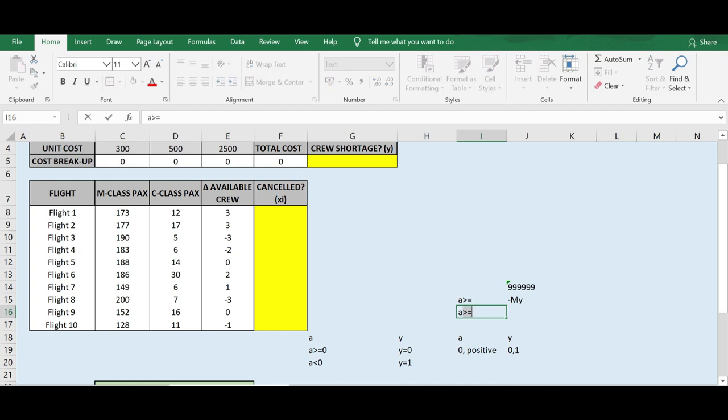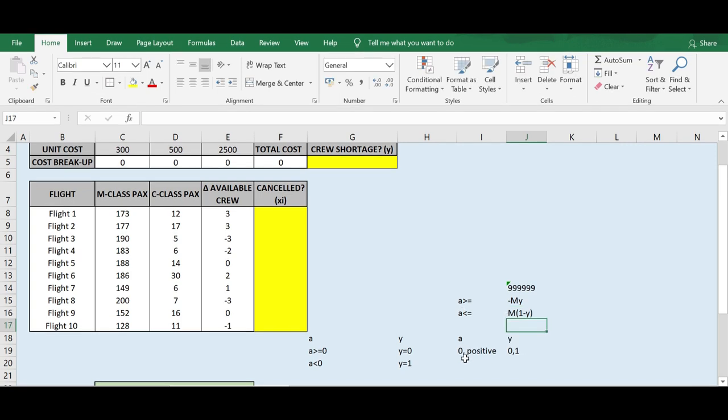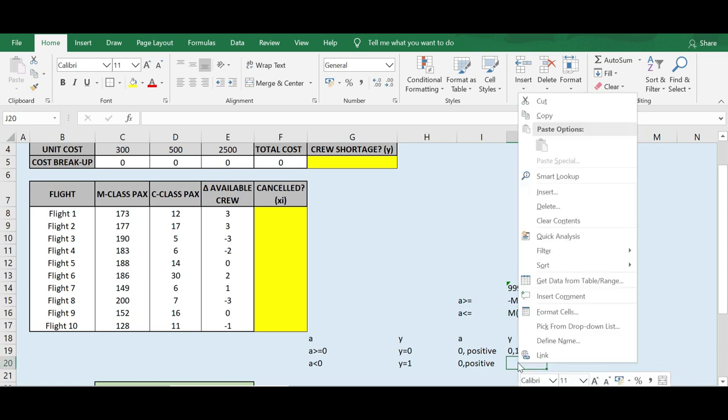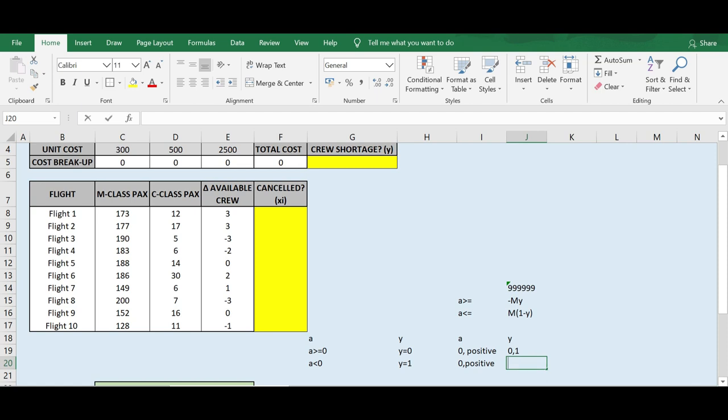So let's say A less than or equal to m times 1 minus y. What would happen in the second equation is, if A were 0 or positive, then the second equation would ensure that y would definitely take a value of 0.